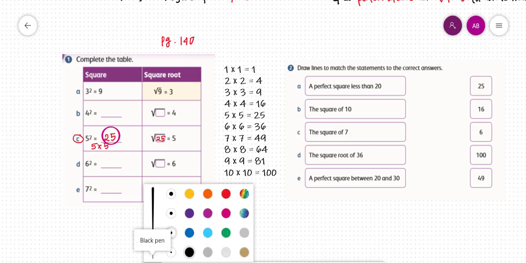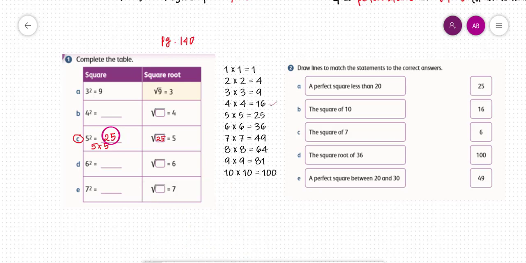So here, Teacher Fia would like to give you the example: all of the perfect squares available in our multiplication. So the answer for number 8, a perfect square less than 20. Less than 20, you can see this one. Check it.